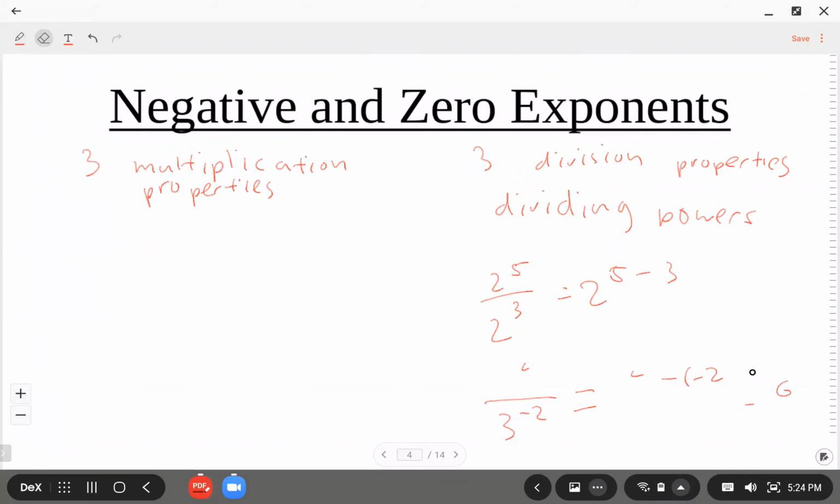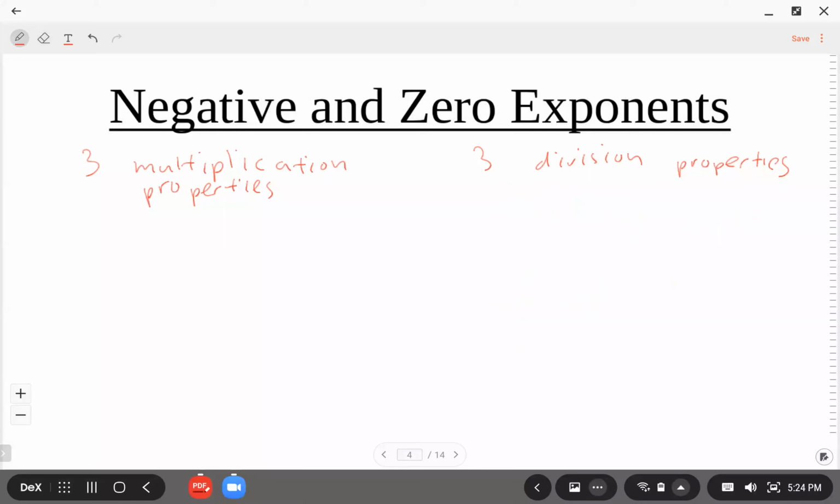So our next division property is going to be quotient to a power.